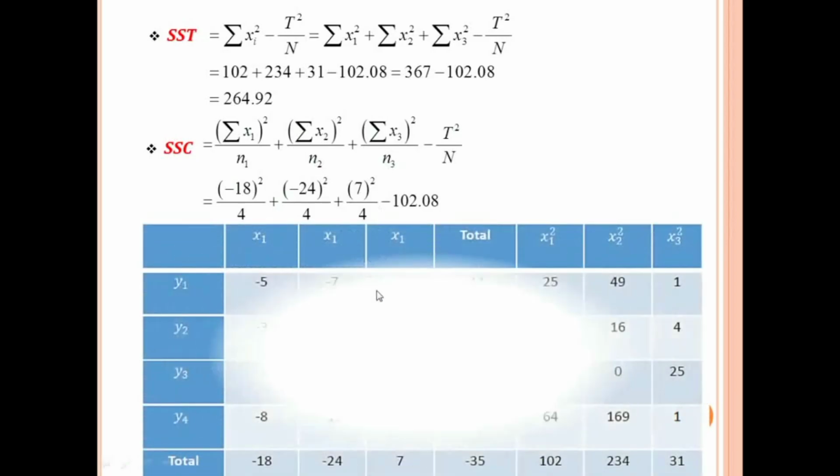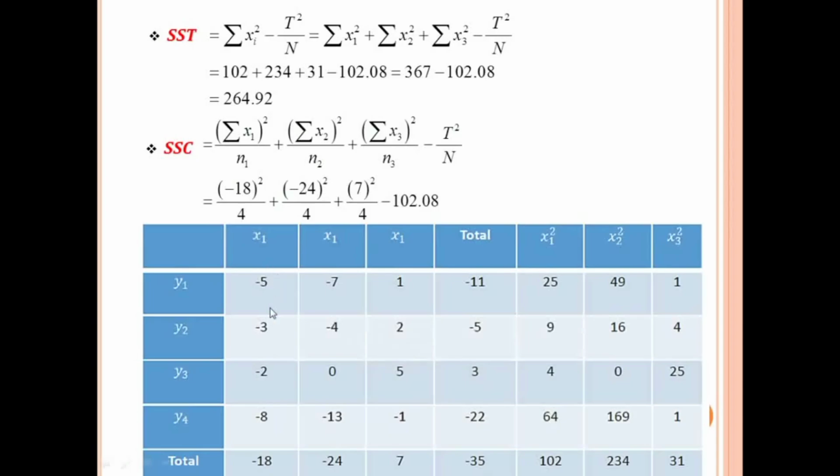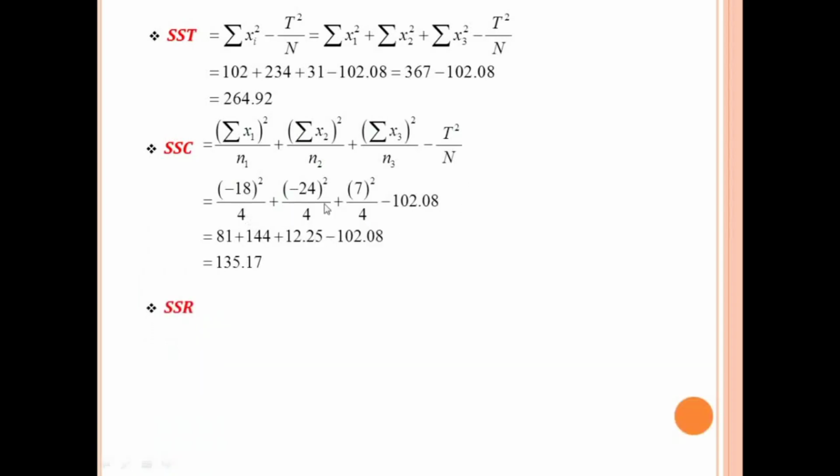You see the data: the sum of x1 value is minus 18, so minus 18 square. For n1, how many values are there? 4 values are there. Here also 4, here also 4. Therefore, n1 equals n2 equals n3 equals 4. After simplification, we get 135.17.